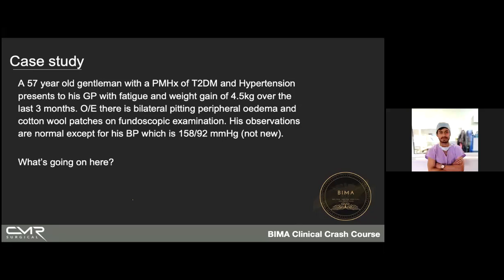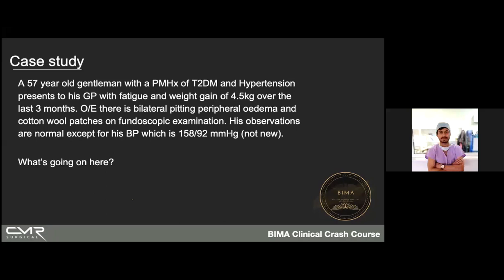A 57-year-old gentleman with a past medical history of type 2 diabetes and hypertension presents to his GP with fatigue and weight gain of 4.5 kilograms over the last 3 months.